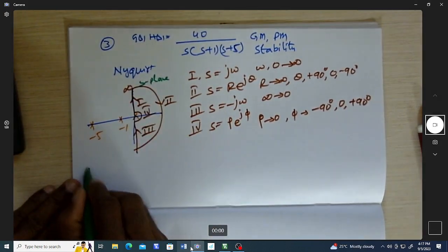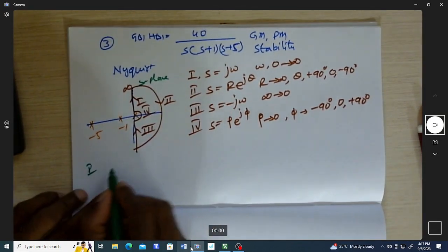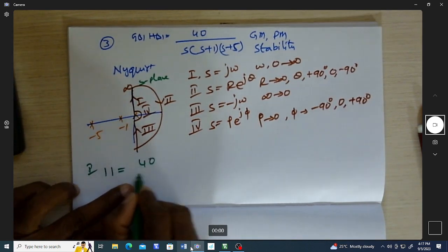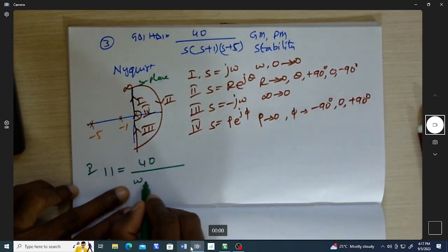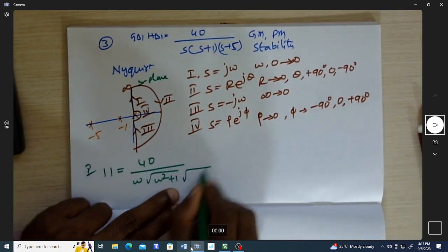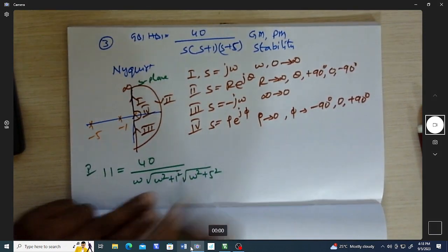Now, for the mapping of the first segment, we can write the magnitude as 40 divided by omega times the square root of omega square plus 1 times the square root of omega square plus 5 square.